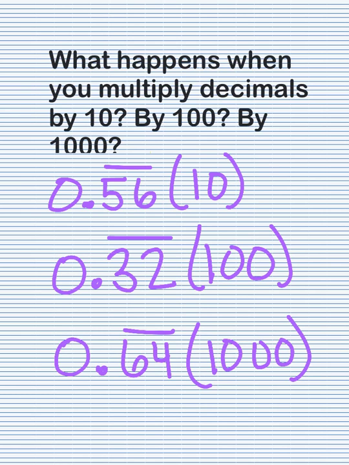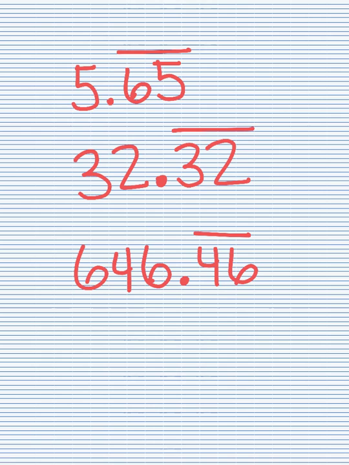And again, I know it's a repeating decimal because you have the bar on top to show that it is repeating. Go ahead in your notebook right now and write down what you think the answer would be for the 3 problems written down.